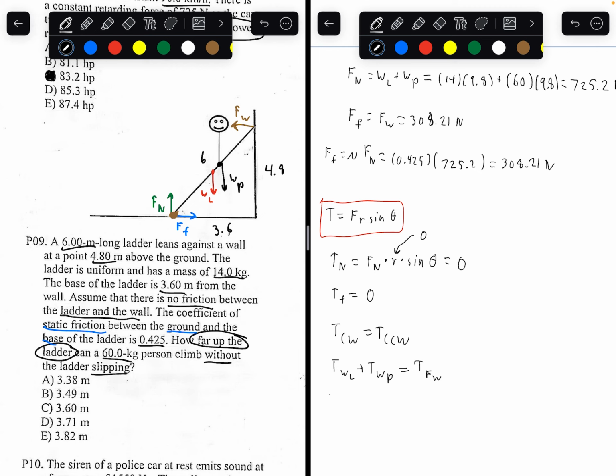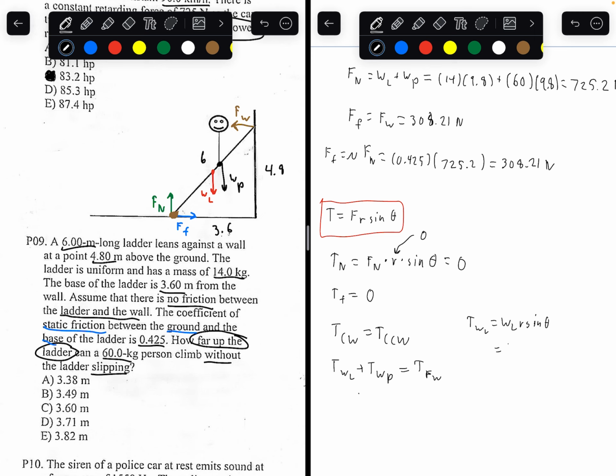So torque of the weight of the ladder. Well, that's the weight of the ladder times the radius times sine theta. And we can derive all the expressions. The weight of the ladder is over here, and the weight can be calculated as mass times gravity.